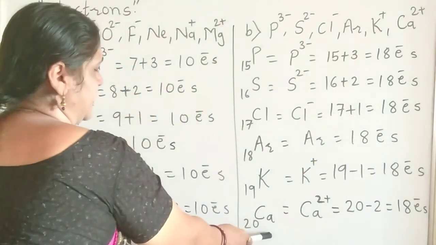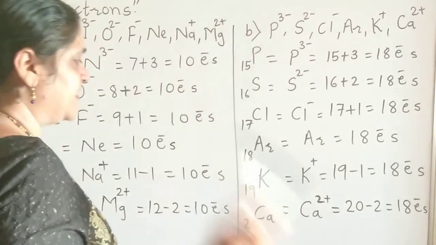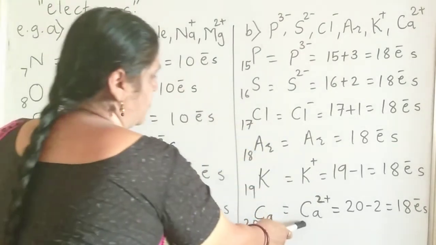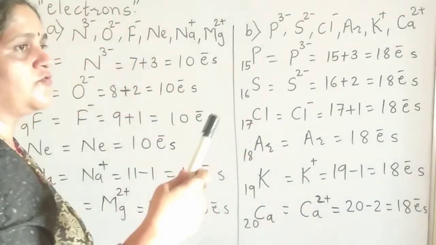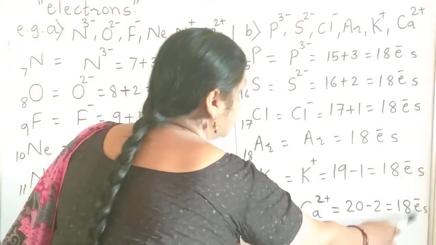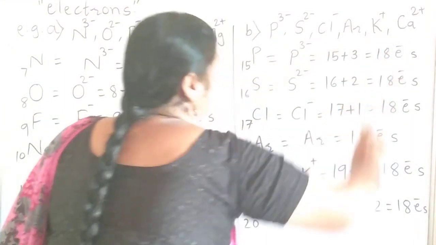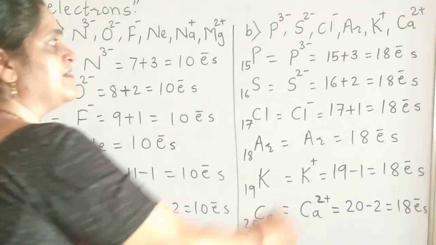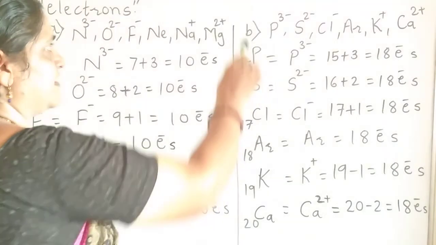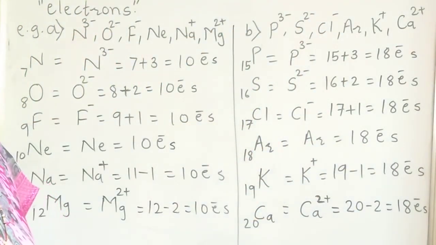Same way, calcium has atomic number 20, indicating 20 electrons in the calcium atom. The Ca2 plus ion is formed by loss of 2 electrons from the valence shell, so 20 minus 2 is equal to 18. This way all these positive and negative ions, including argon, contain the same number of electrons, that is 18. Therefore, as their number of electrons is the same, they are also isoelectronic species. Clear?